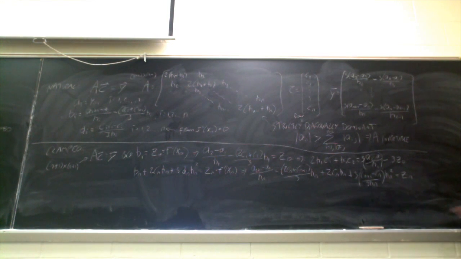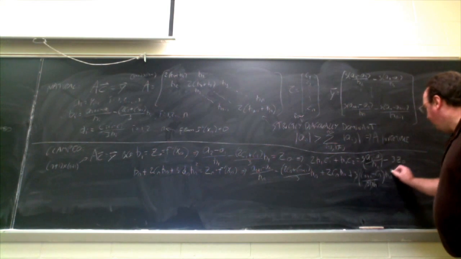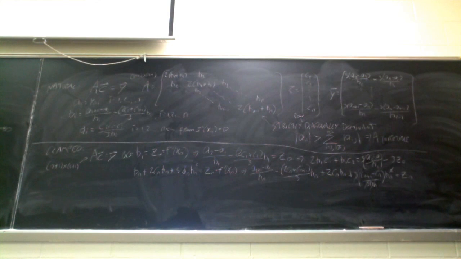And then we could do some canceling here, but 3's cancel. This cancels with one of these. And of course, I'm going to multiply everything by 3 again.